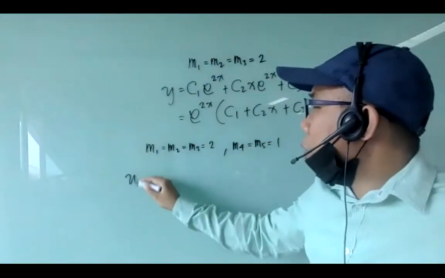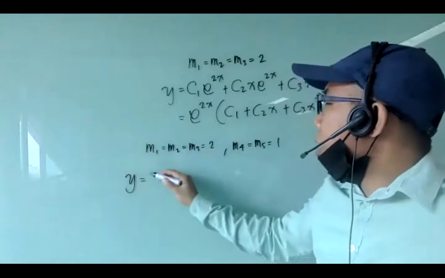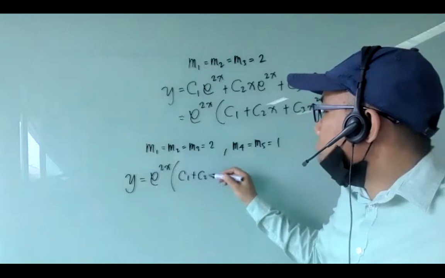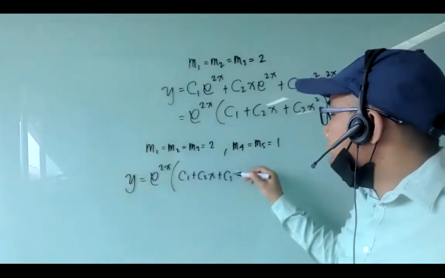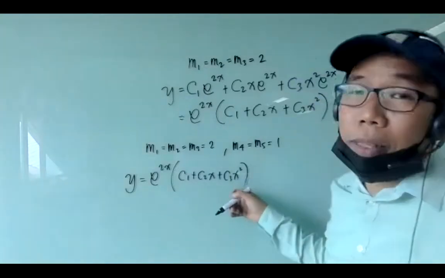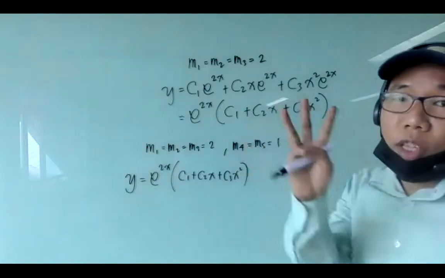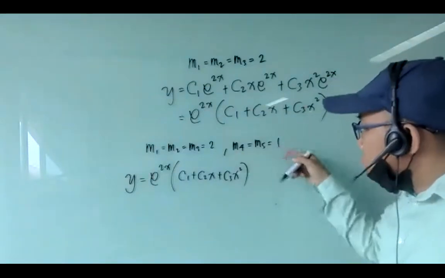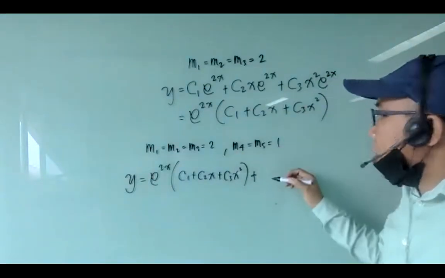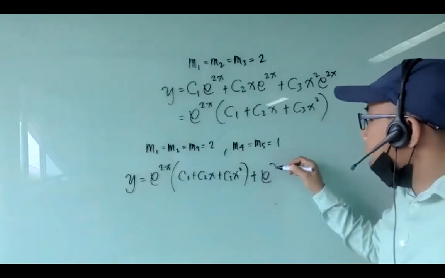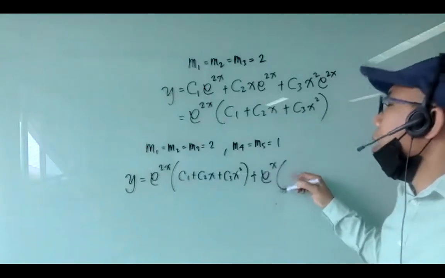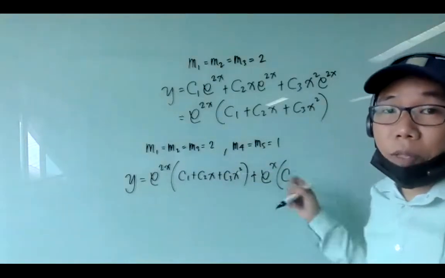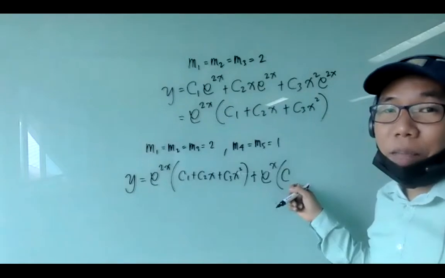So how do you write the solution? So y is equal to e raised to 2x times (c sub 1 plus c sub 2 x plus c sub 3 x squared). Tandaan na yung pinakamataas na power ni x is 2 because tatlo yung magkakapareho na roots. And then i-add lang natin to. So plus, anong function natin? So e raised to x lang din times, since dalawa lang sila, mag-continue ka lang ng subscript. Okay? Hindi pwedeng c sub 1 ulit kasi magkaiba sila.